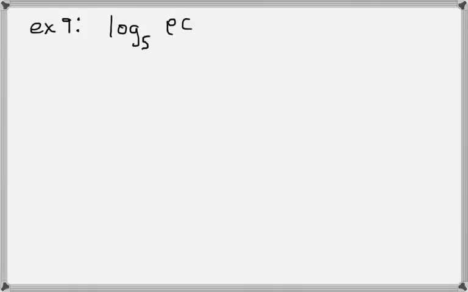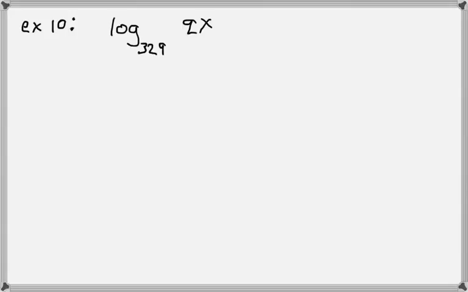Looking at example 9, we have log base 5 of pc. We have two things multiplied together that we're taking the log of, so we can split this up into the log base 5 of p plus log base 5 of c. And our last example, we have log base 329 of q times z.